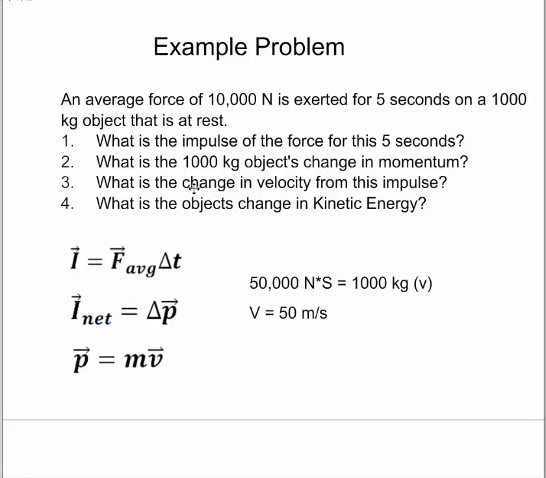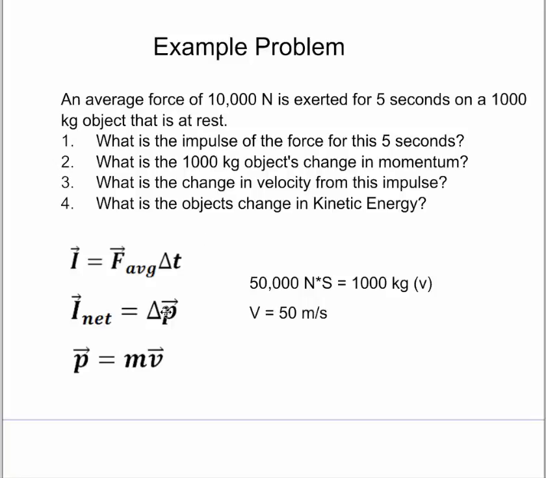Question number 3. What is the change in velocity from this impulse? Well, the change in momentum here is going to be the 50,000, because the object was at rest, so the velocity initially was 0.